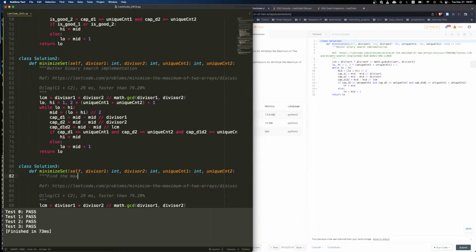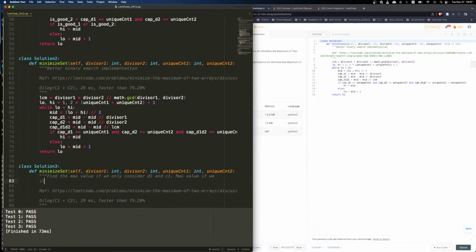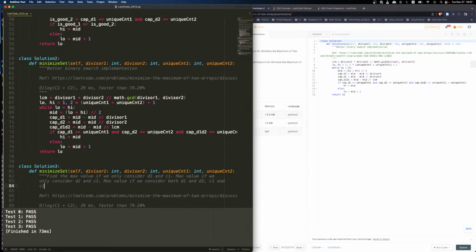Find the max value if we only consider D1 and C1. Max value if we only consider D2 and C2. Max value if we consider both D1 and D2, C1 and C2. Take the max among the 3.